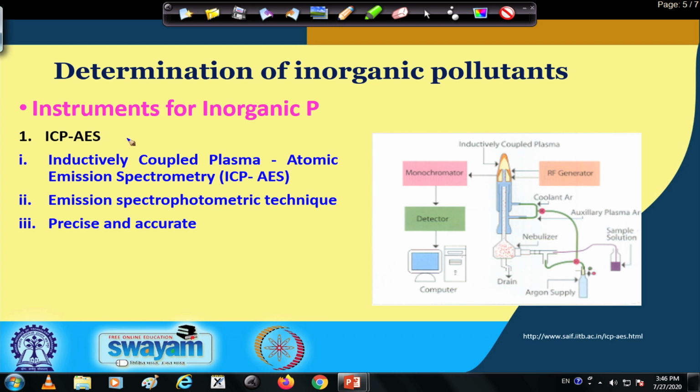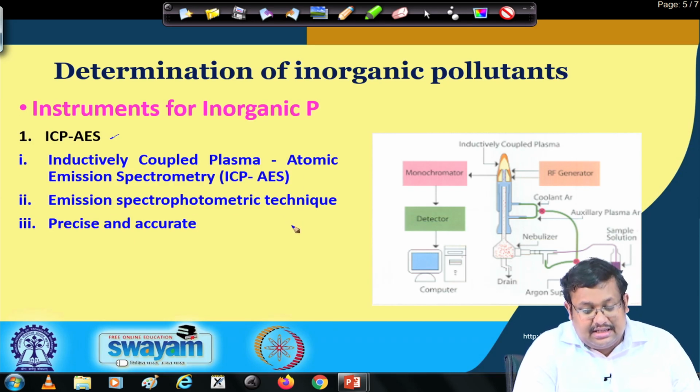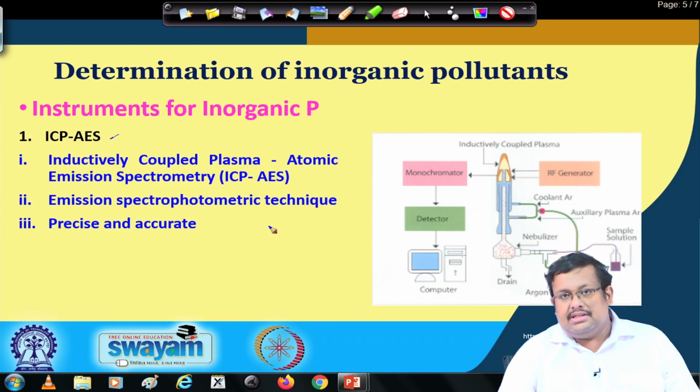After you extract the solution through Mehlich 3 extractant, this extracted solution is injected into ICP-AES to measure individual ions. Now, ICP-AES is a short form of inductively coupled plasma atomic emission spectrometry. This is basically an emission spectrophotometric technique and it is highly precise and accurate.